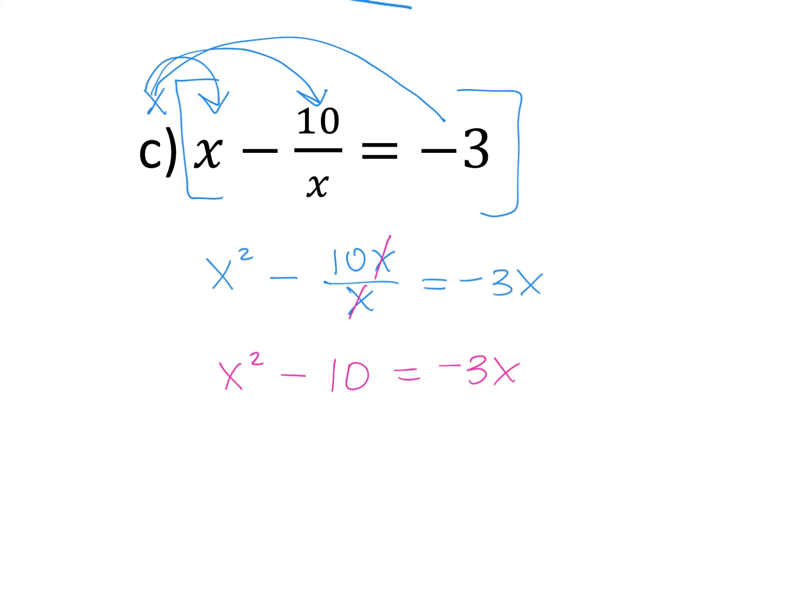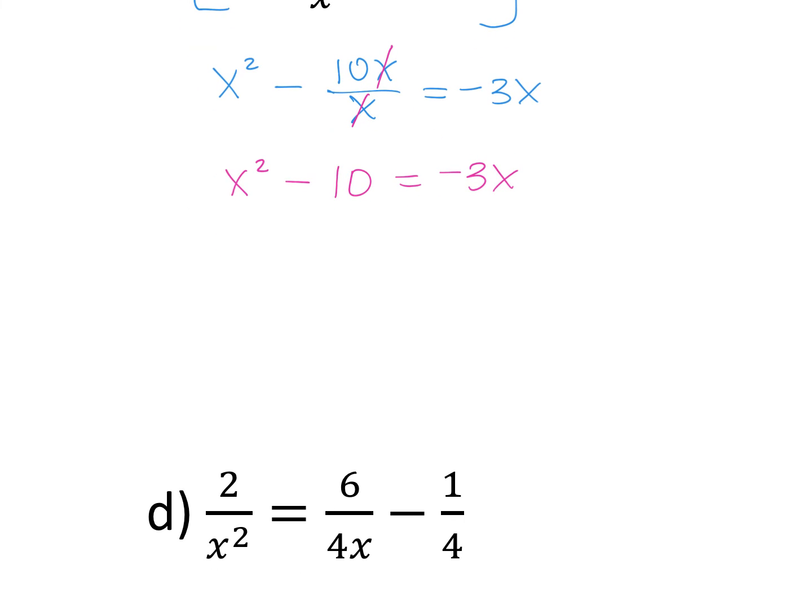Now, what do you do from here? What happens when that x squared and an x show up? We're going to factor it. It's a quadratic, right? So we need to move this 3x over. So you get x squared plus 3x minus 10 equals 0, right?